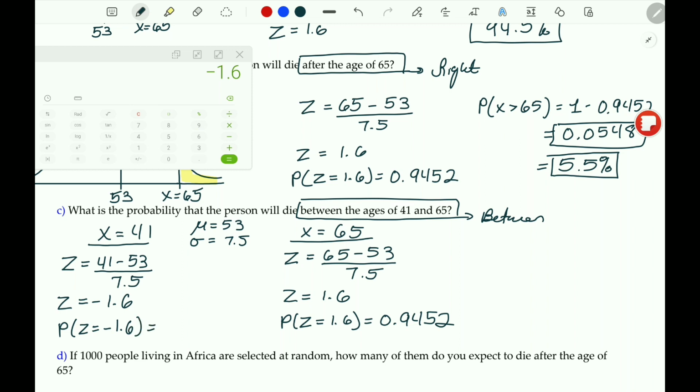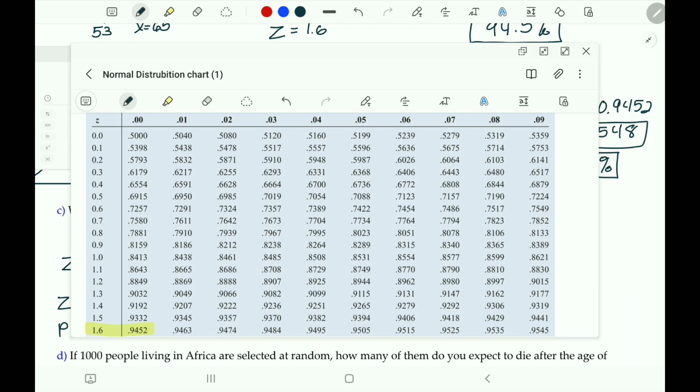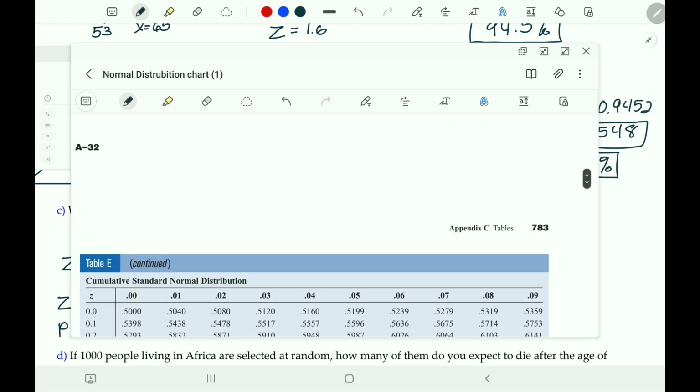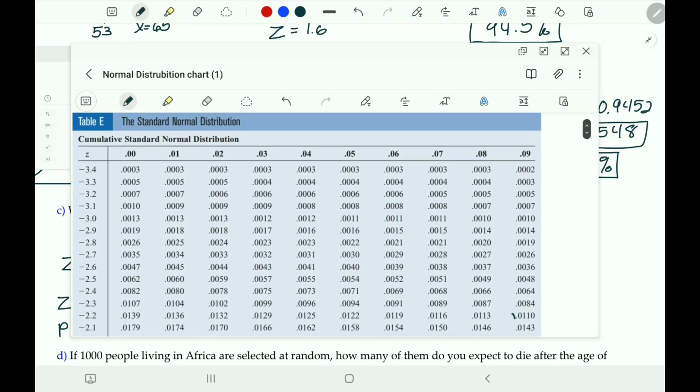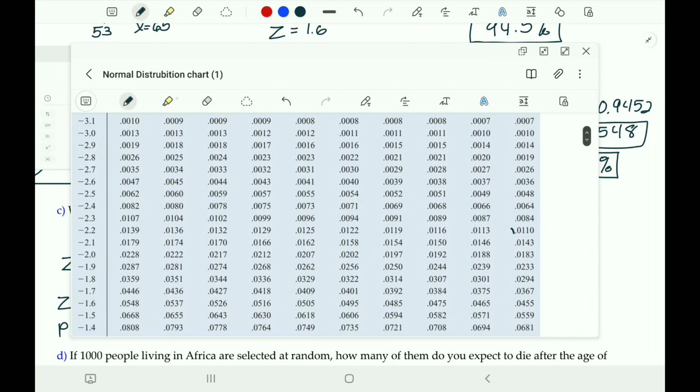That's going to be 0.0548. But we can go onto our normal distribution table, go to the negative z-score side, negative 1.6, which is right here. And that's going to be 0.0548.